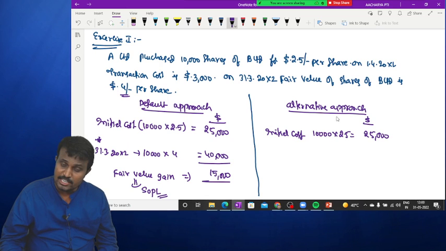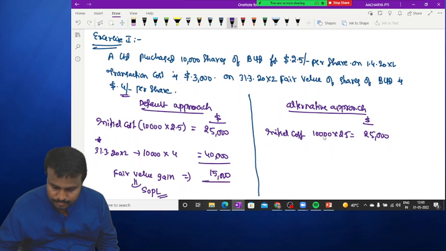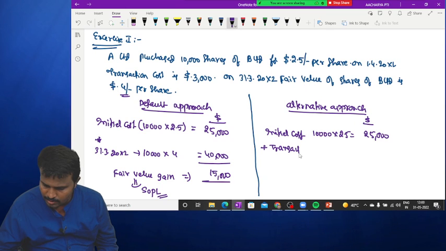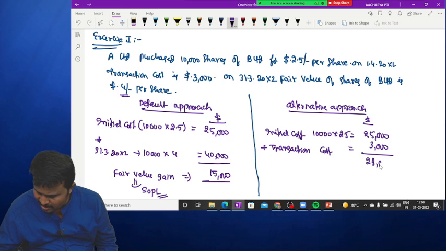In case of alternative approach, is transaction cost added or ignored? Added. So the transaction cost is 3,000. So what is the value?